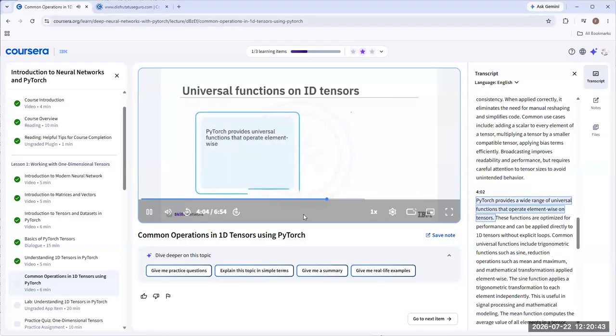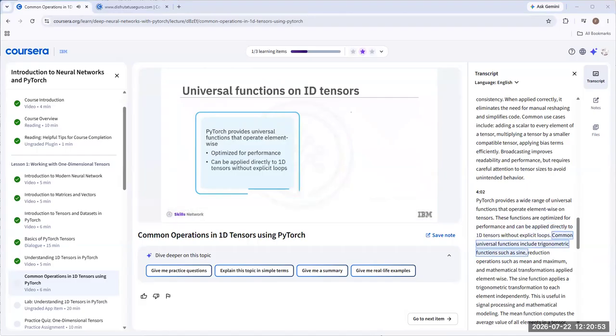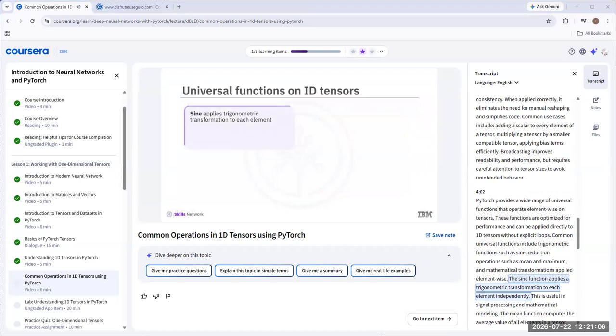PyTorch provides a wide range of universal functions that operate element-wise on tensors. These functions are optimized for performance and can be applied directly to 1D tensors without explicit loops. Common universal functions include trigonometric functions such as sine, reduction operations such as mean and maximum, and mathematical transformations applied element-wise. The sine function applies a trigonometric transformation to each element independently.